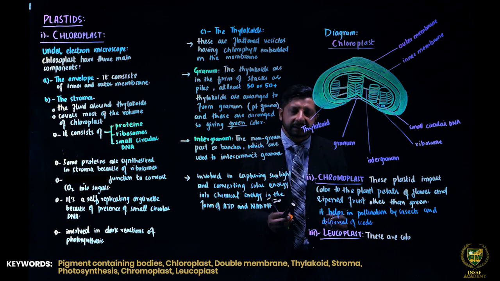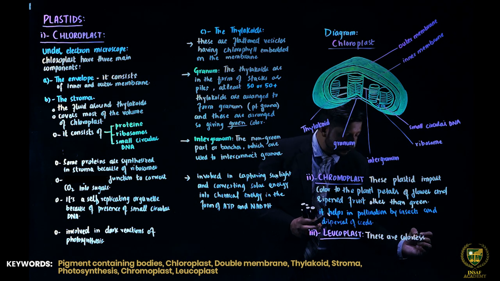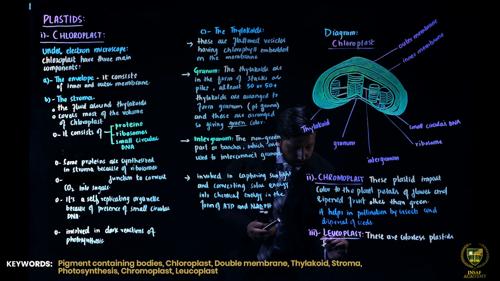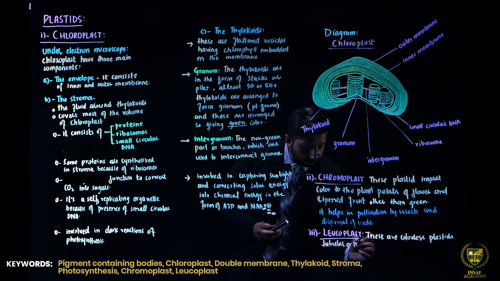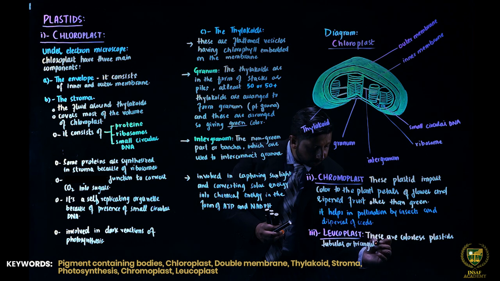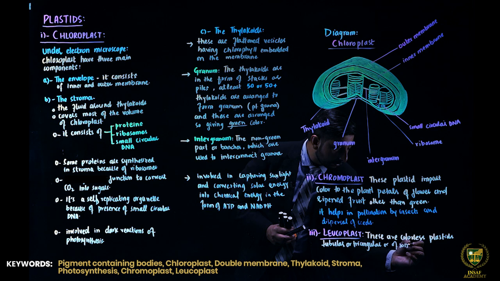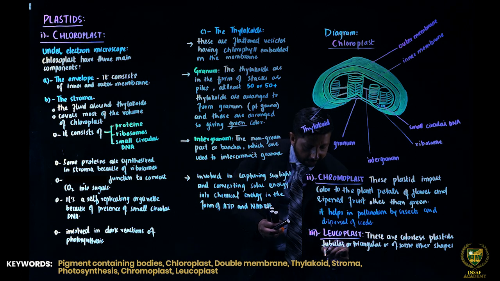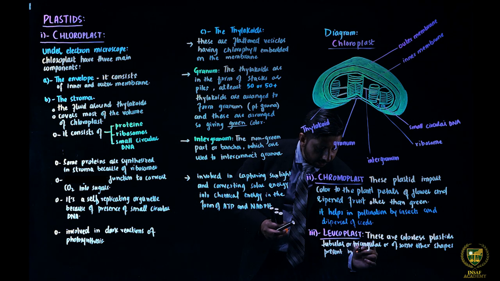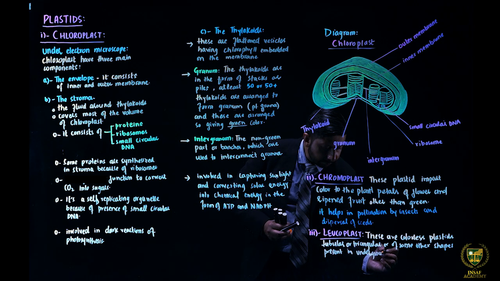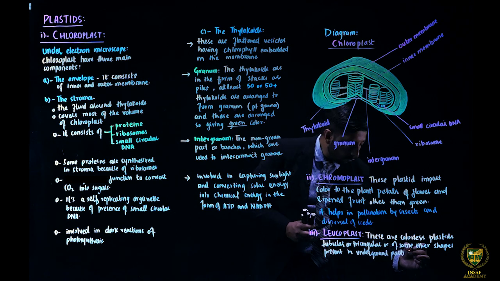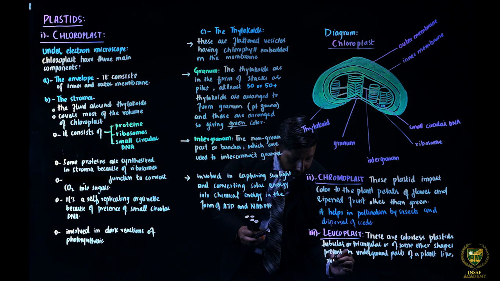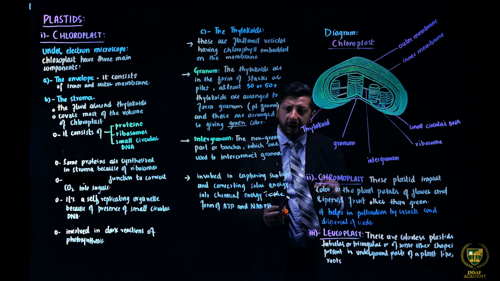Leuco as in leukocytes, the colorless plastids, and are tubular or triangular or of some other shape, but mostly tubular or triangular, and are present in underground parts of a plant like the roots. Clear? Like the roots.